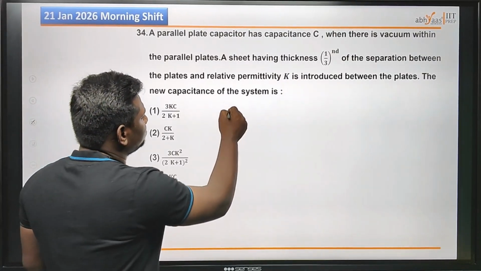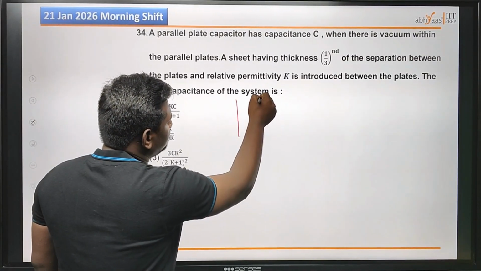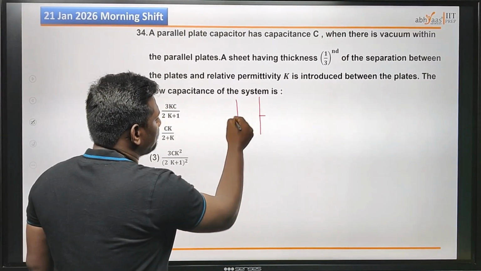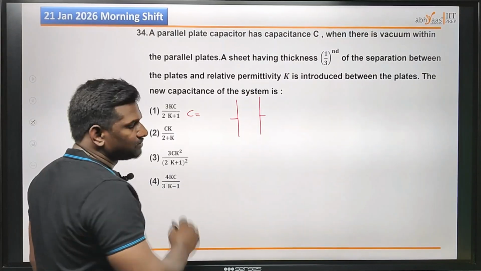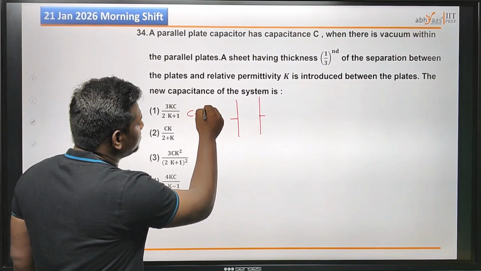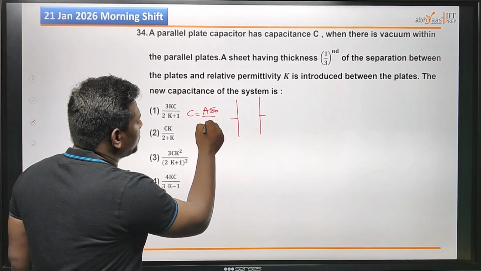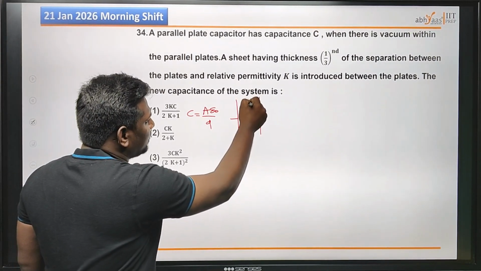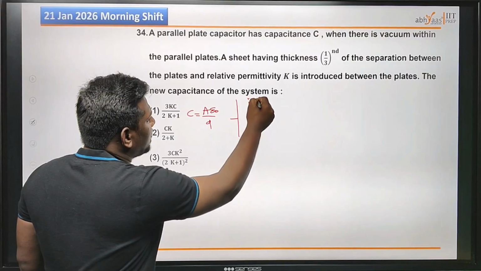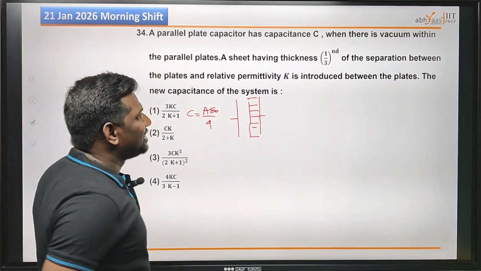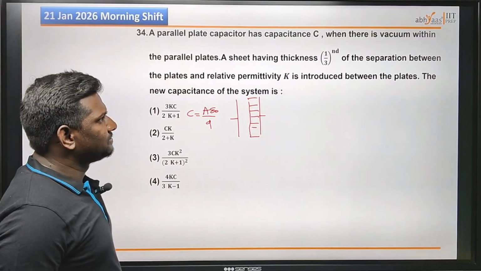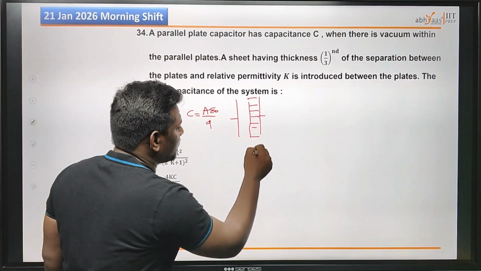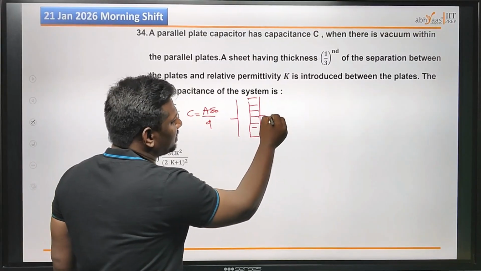So we know that for a capacitor, C can be written as A epsilon naught by d, where d is the distance between the plates. Here they have introduced a dielectric, the relative permittivity K. So what is the distance I am writing here?